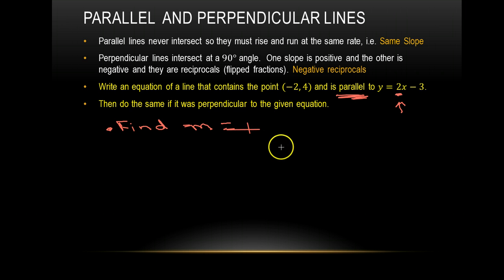So now I have m is equal to 2, and I have this point, -2, 4. Well, if I have a point and a slope, I should probably use the point-slope form.